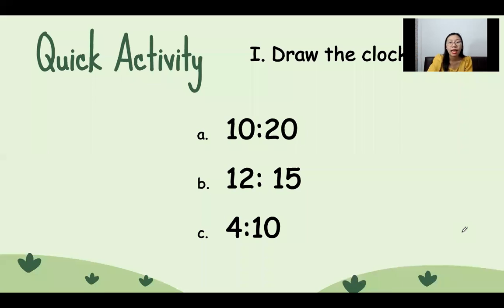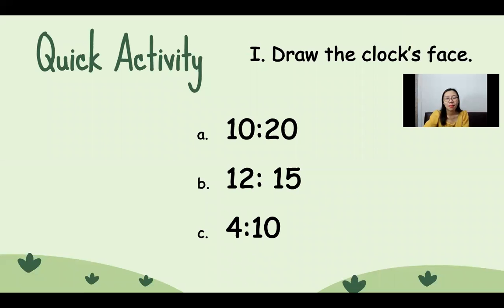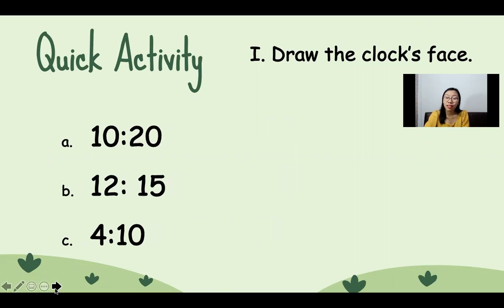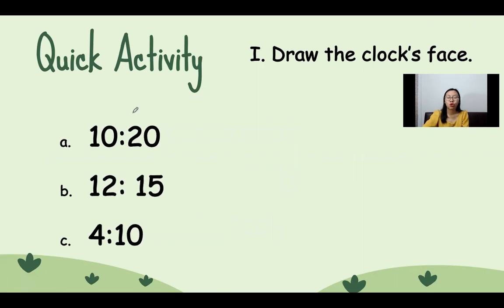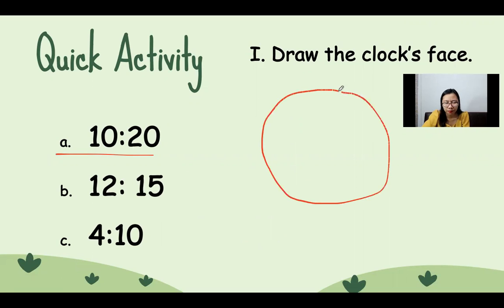Good job, everybody. Now let's have a quick activity. I would like you to draw the clock's face. For example, letter A, 10:20. How do we draw 10:20? We need first a circle.